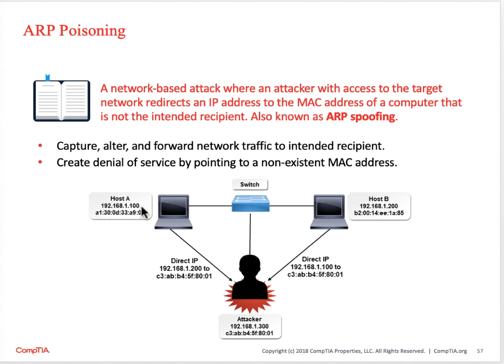Right here in this picture, we have the IP address 192.168.1.100, and that is associated with this MAC address, right? So in an ARP poisoning attack, it's gonna redirect because it thinks that it has a different MAC address than it does, right?